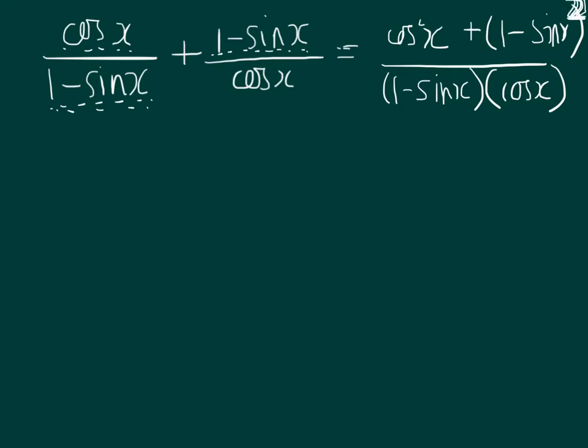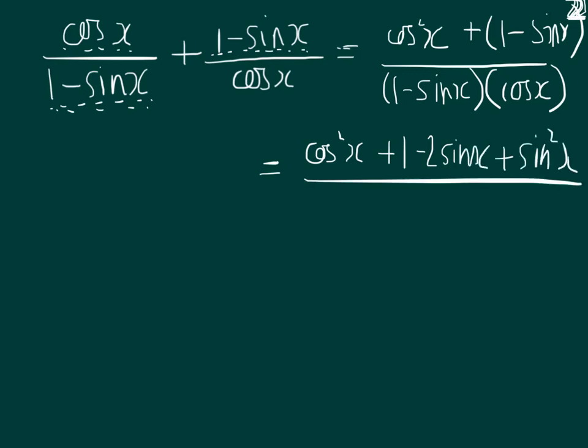Right, so you'll be neater than me and line your equals signs up, but let's factorise this out. So we've got cos squared x plus 1, take 2 sine x, plus sine squared x, over cos x times 1 take sine x.